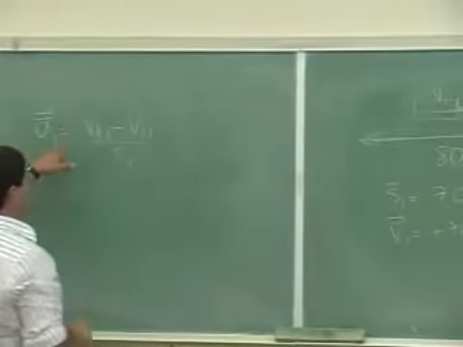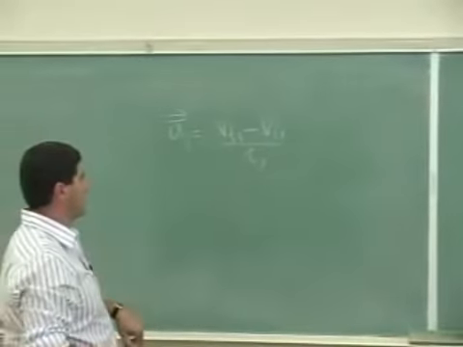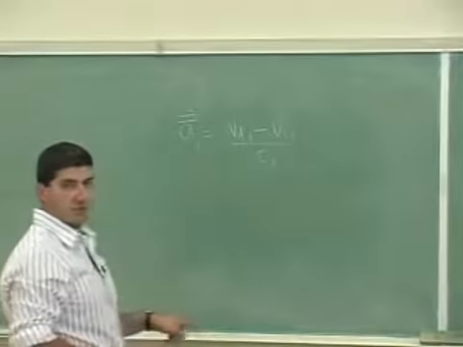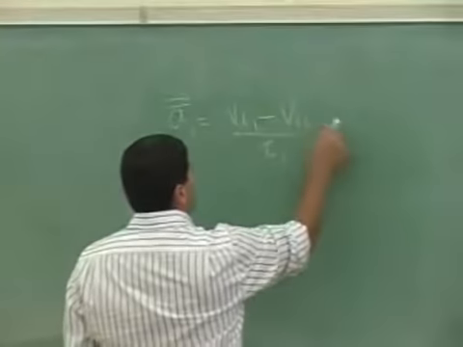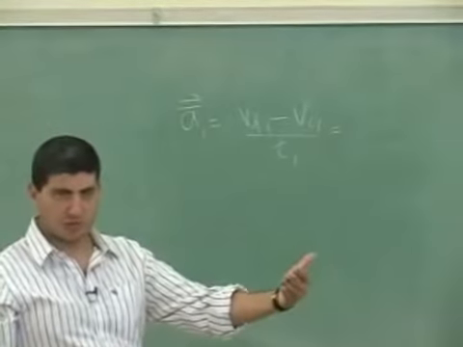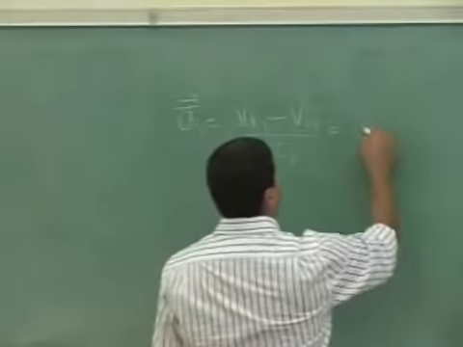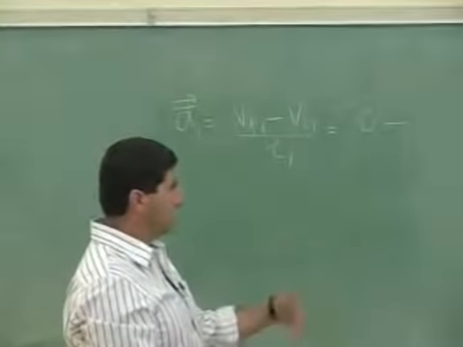So the final velocity at the end of stage 1 minus the initial velocity at the beginning of stage 1 over the time for stage 1. Okay? The final velocity at the end of stage 1 is 0 because it has to come to a stop, minus the initial velocity at the beginning of stage 1.